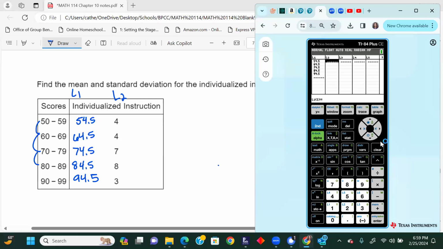The frequency is on the right. So hit stat, go to calculate one var stats, and we do have a frequency list. And they want the mean. Again, I'm going to use 2 decimal places, 75.27.